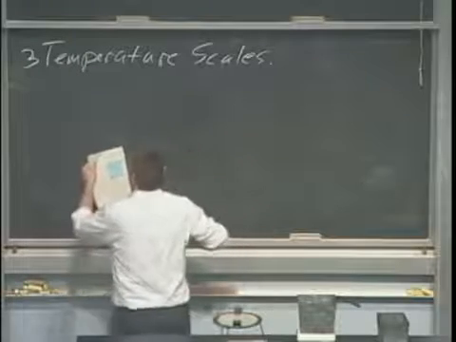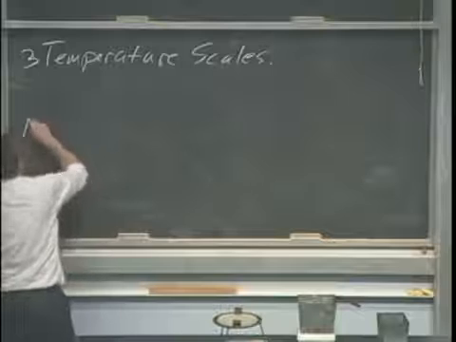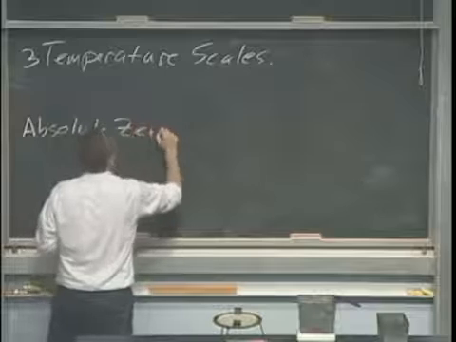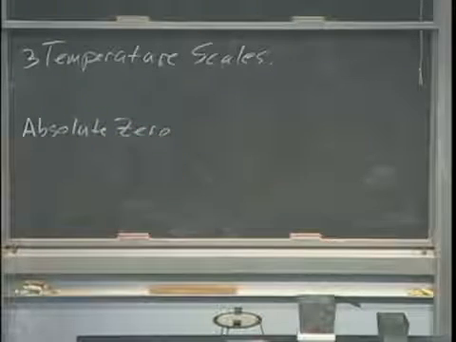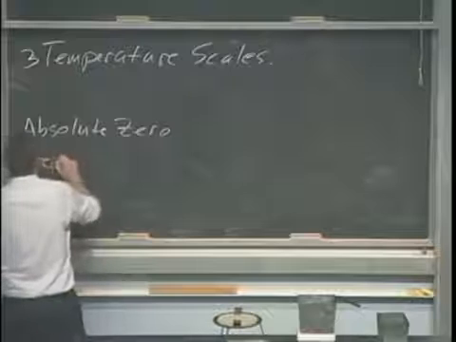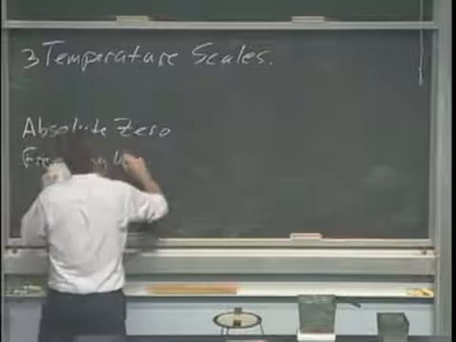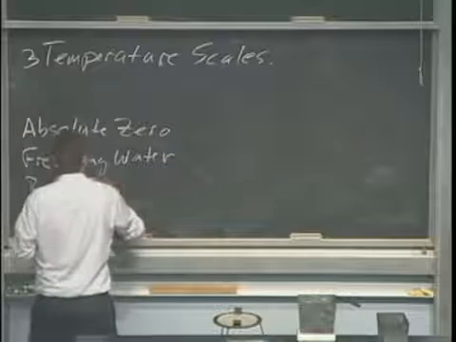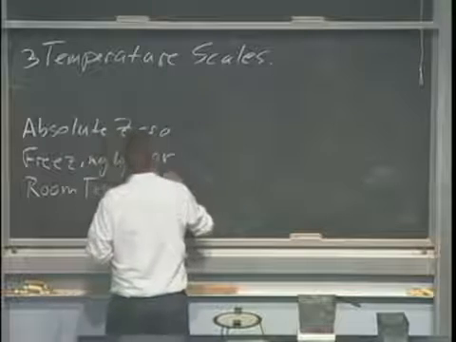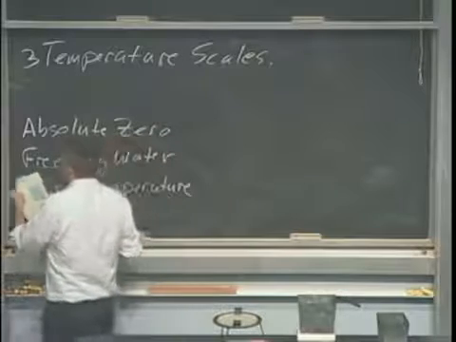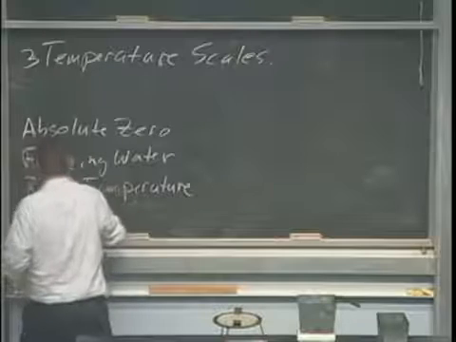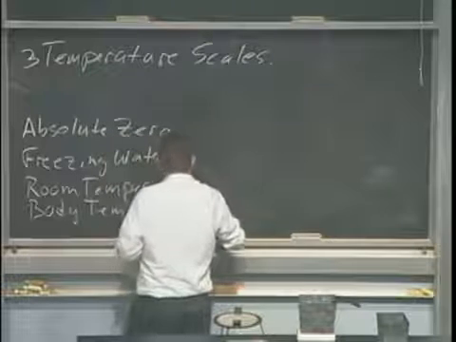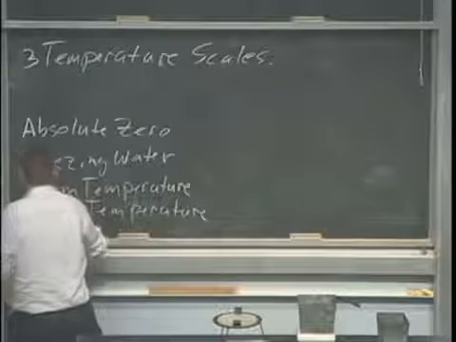So let's write down some common temperatures here. Well, absolute 0 isn't so common, but that's the lowest temperature we can reach. Freezing water, room temperature, body temperature, and then finally boiling water will be our last one.